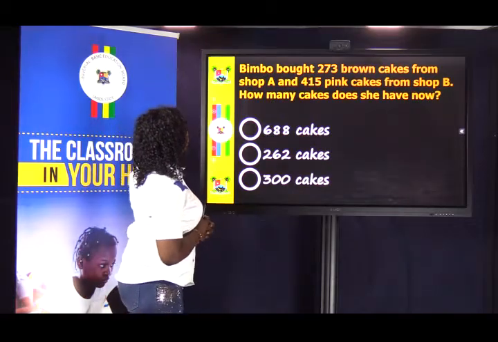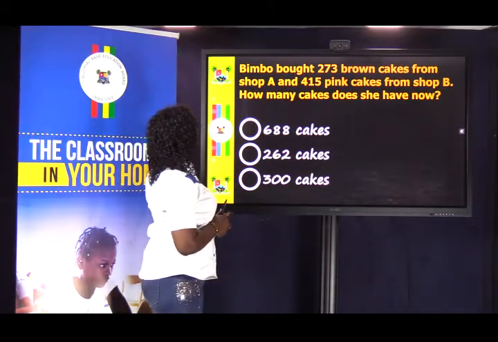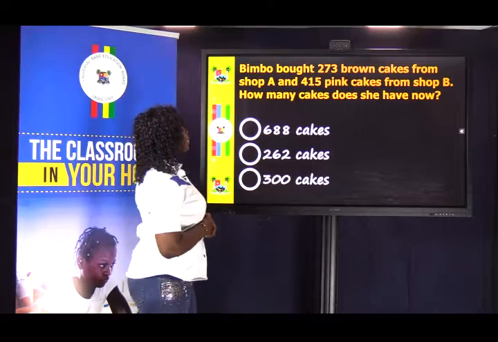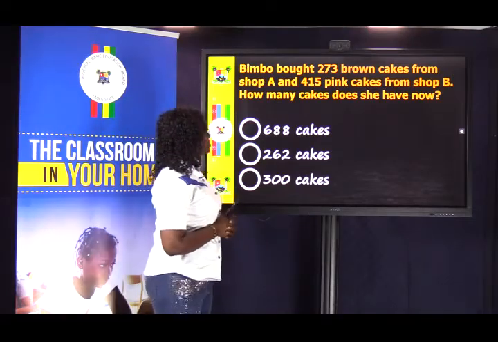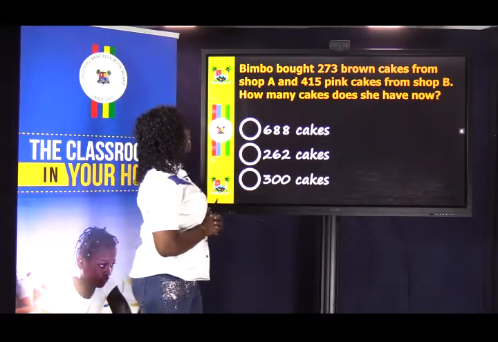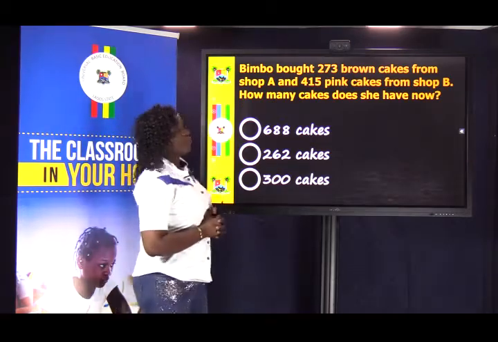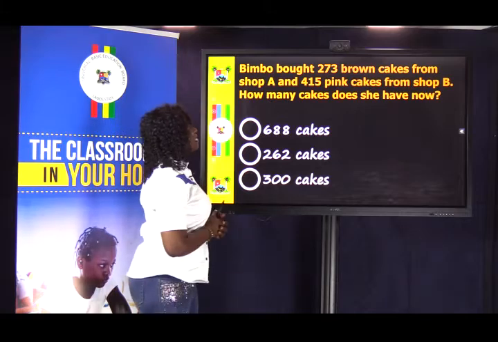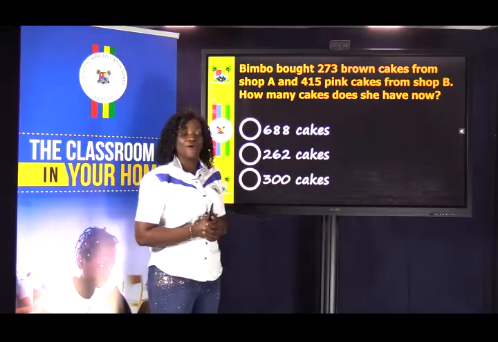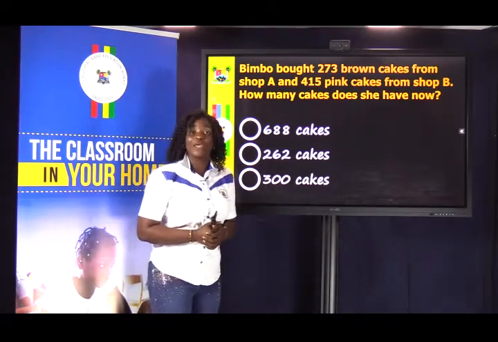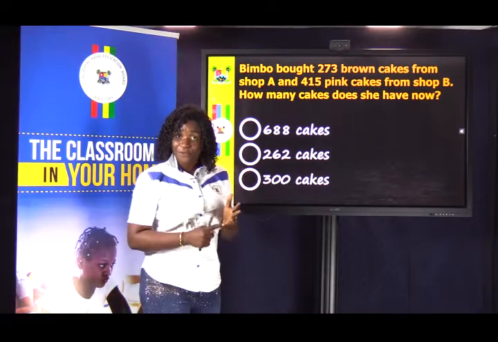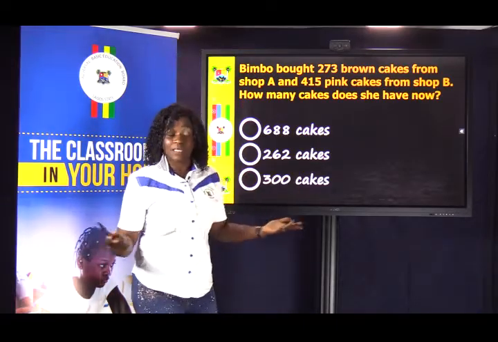Bimbo bought 273 brown cakes from shop A and 415 pink cakes from shop B. How many cakes does Bimbo have now? Remember, she first of all bought 273 and she bought an additional 415. Are we adding or subtracting? Read, interpret, then solve.